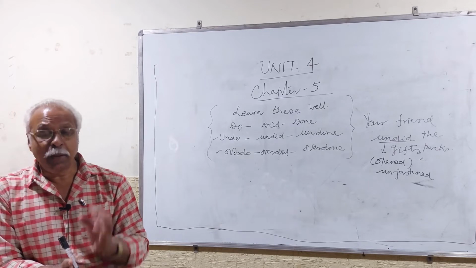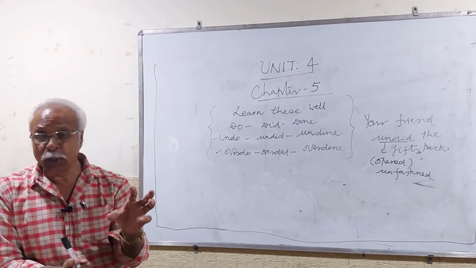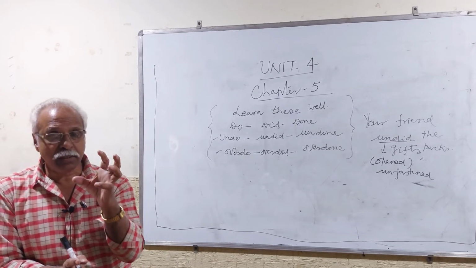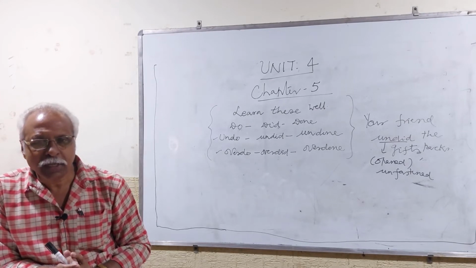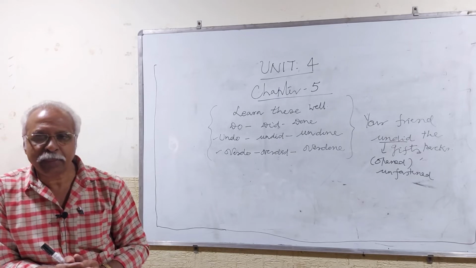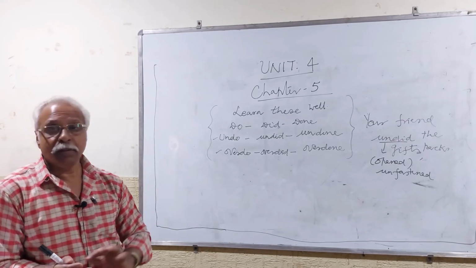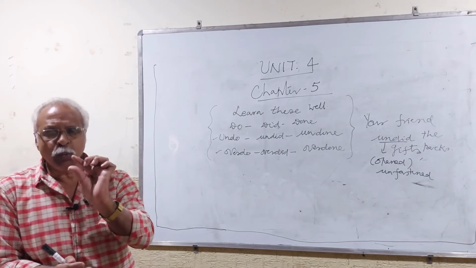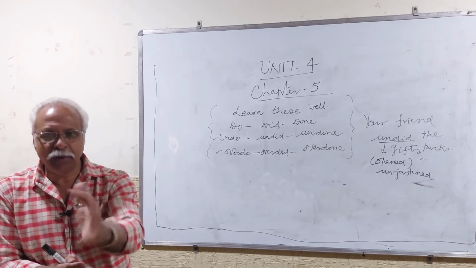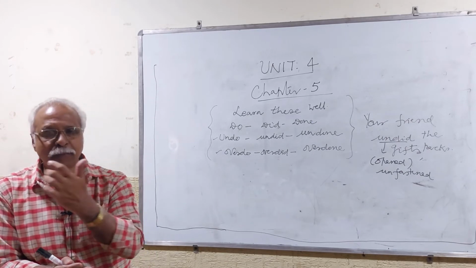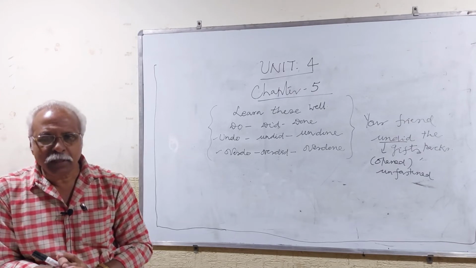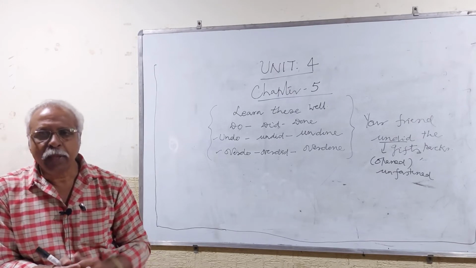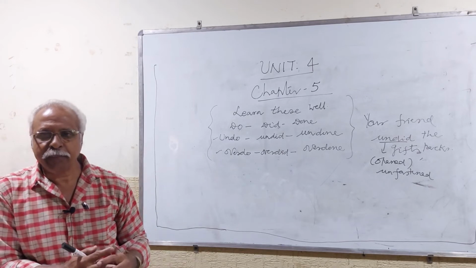Suppose you say, my aunt always overdoes the sympathy. What does it mean actually? She overacts a bit. Do what is more than enough. Doing anything more than enough becomes what? Exaggeration. Overdoing. Am I clear?